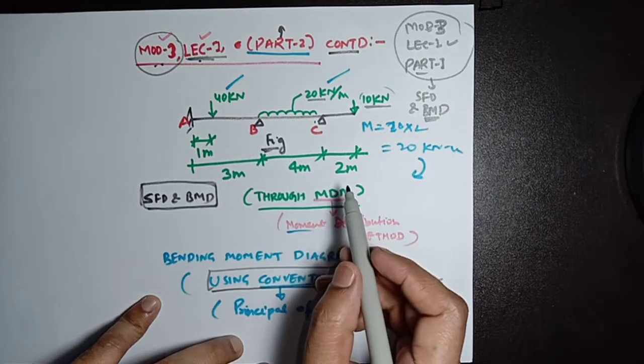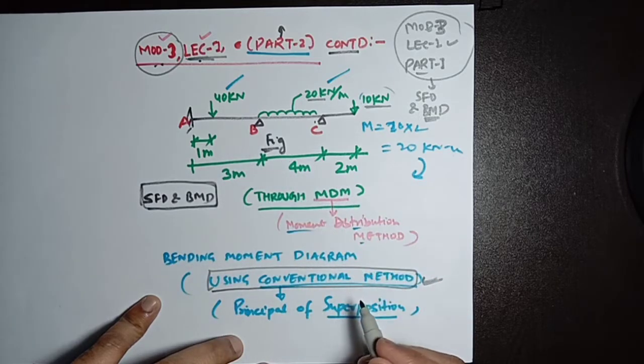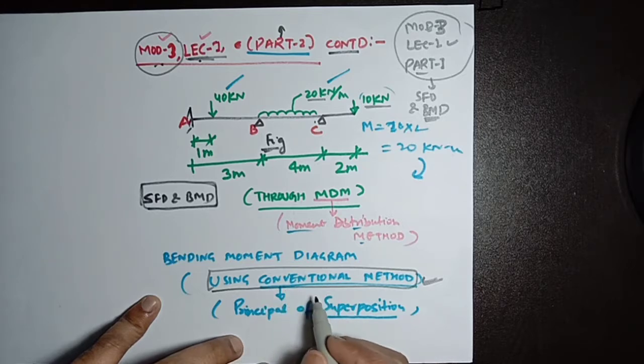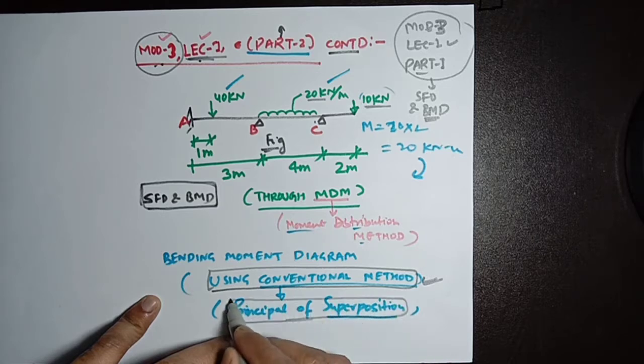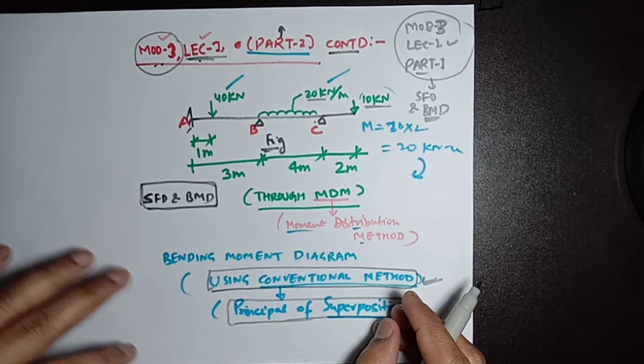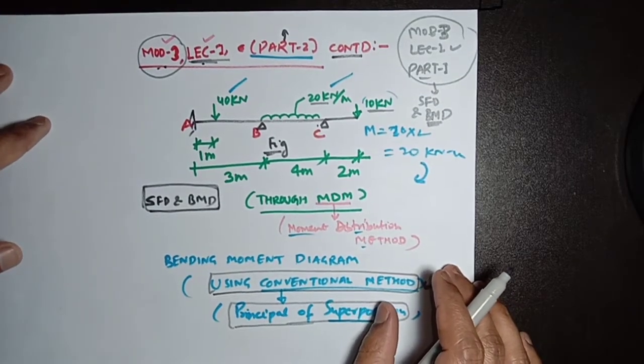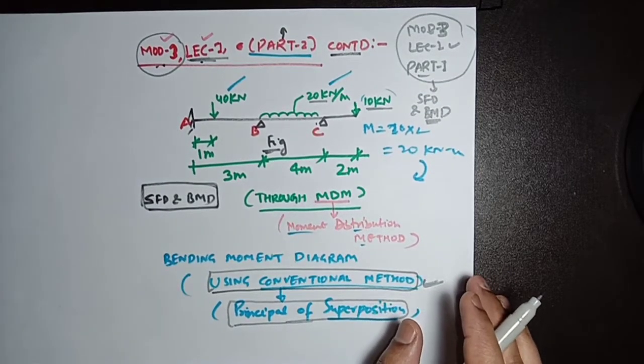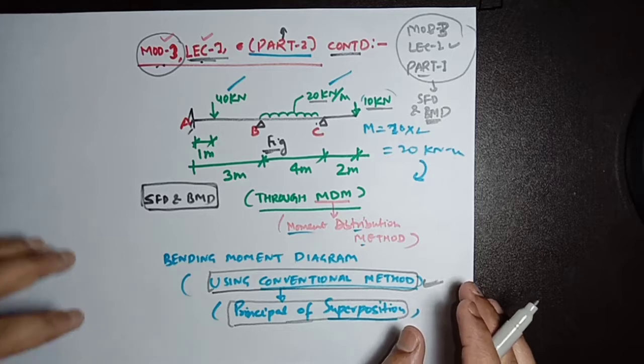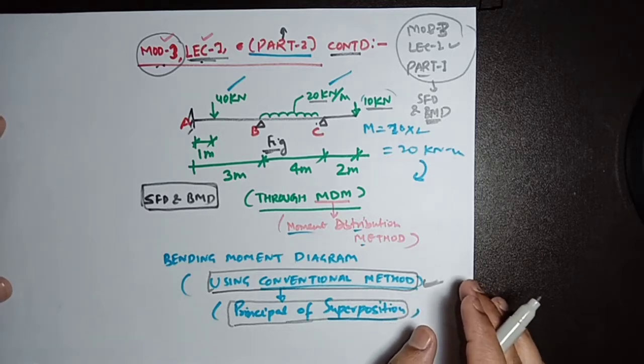Here I am continuing this part 2 for developing the bending moment diagram using the conventional method, which is based on the principle of superposition. Here you will see, after step-by-step calculation, how we are able to develop a bending moment diagram through the conventional method.